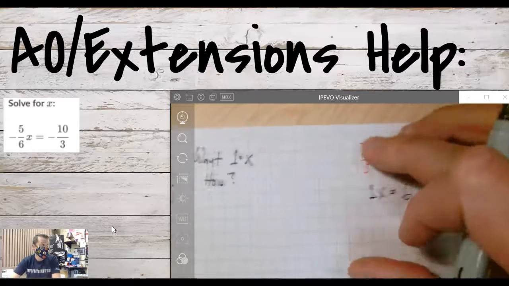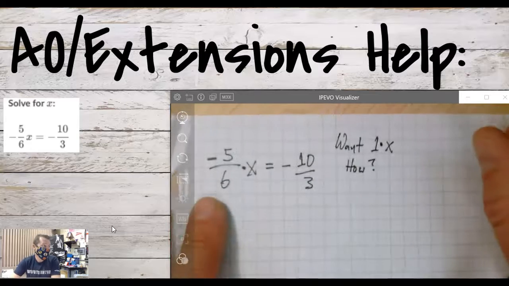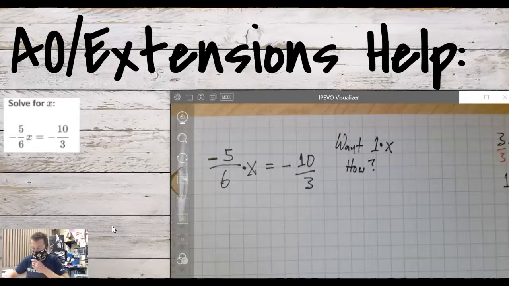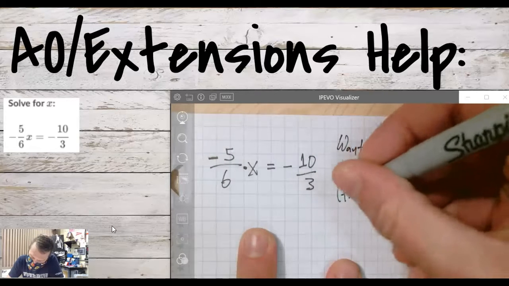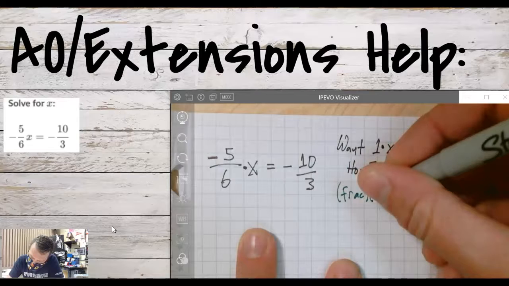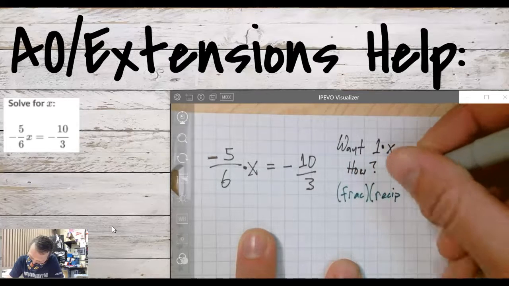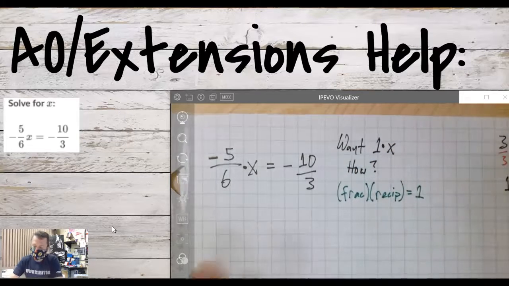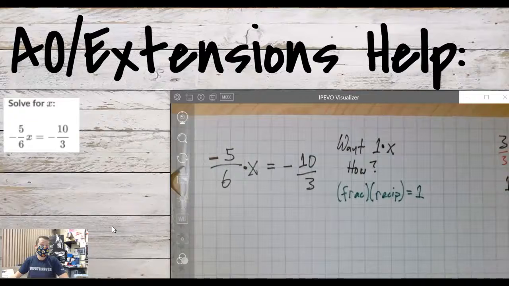But over here, we have a fraction times the variable. So we remember the rule that a fraction times its reciprocal is equal to 1. And that is such a convenient rule to remember because it works all the time no matter what.